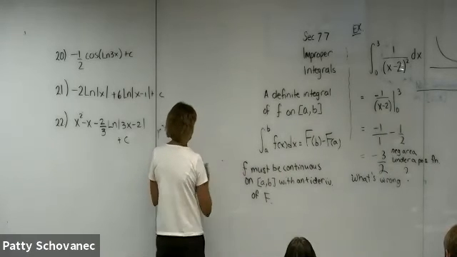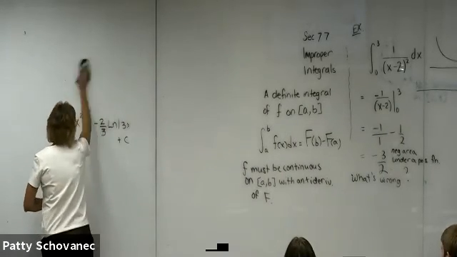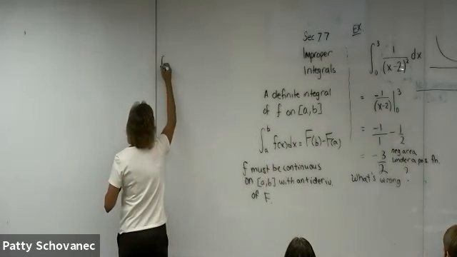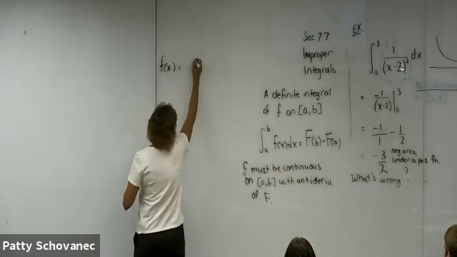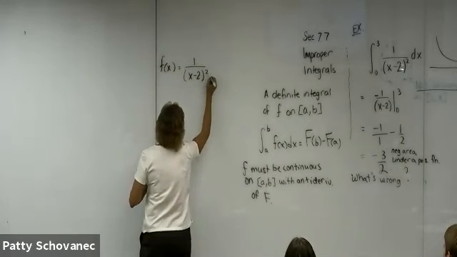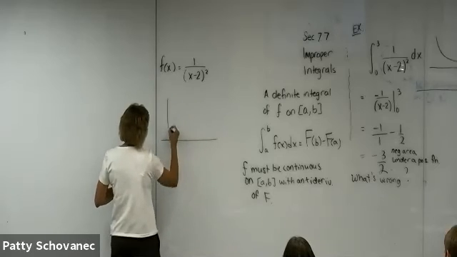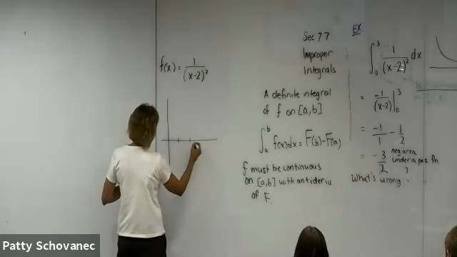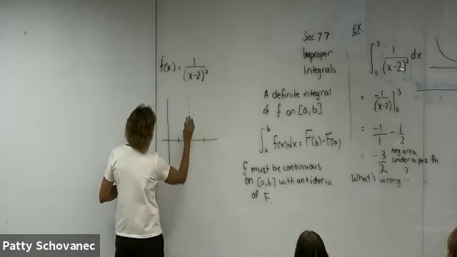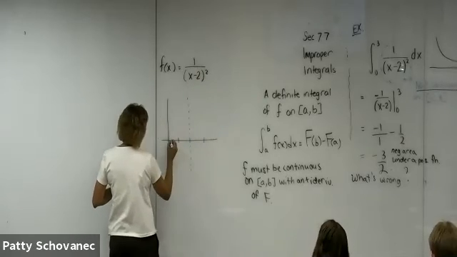Let's look at the graph. Let's graph f of x is 1 over x minus 2 squared. So we know when x is 2, I have an asymptote. When x is 0, I have 1/4.